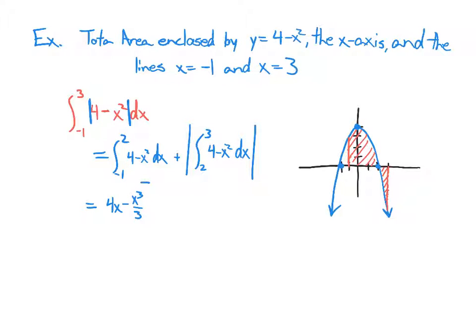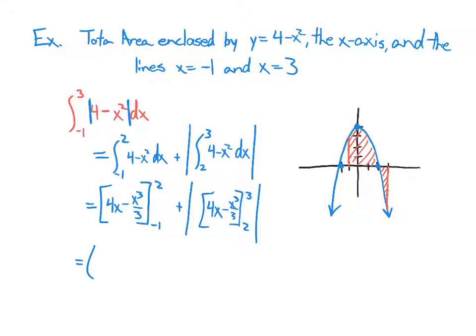I'm going to evaluate that from -1 to 2. I'm also going to do the absolute value of 4x minus x cubed over 3, evaluated from 2 to 3. Okay?